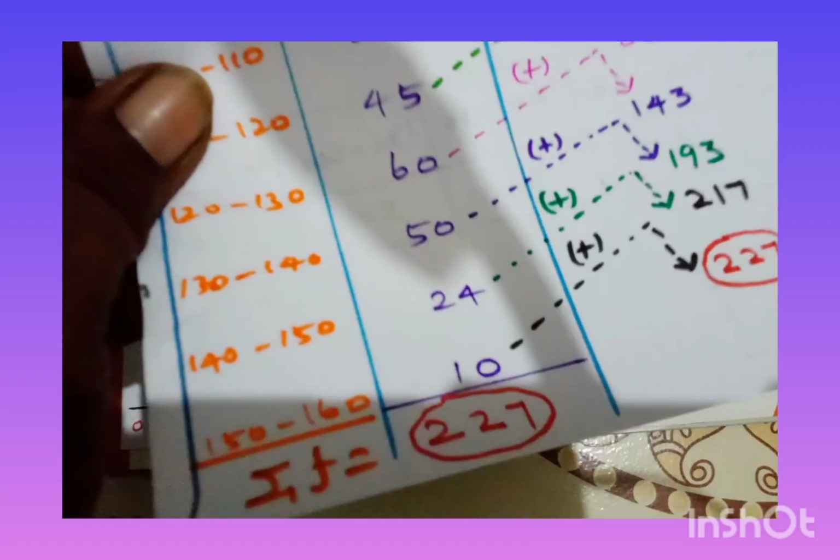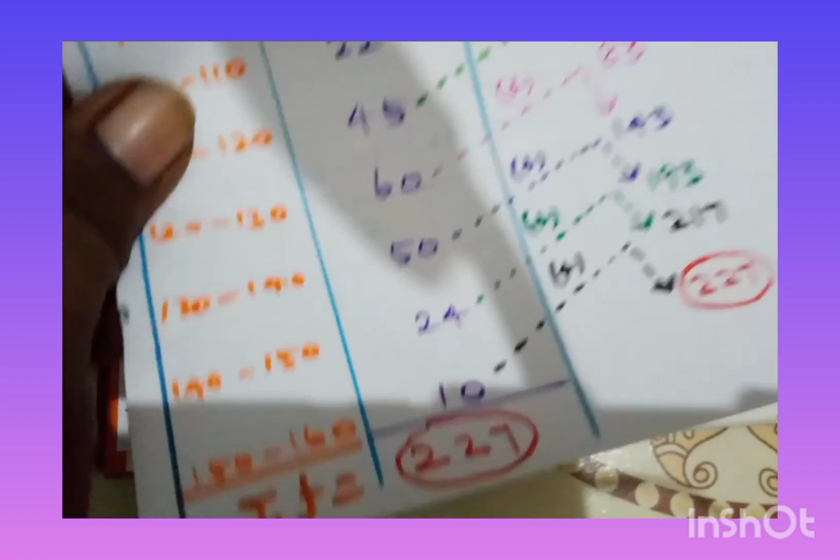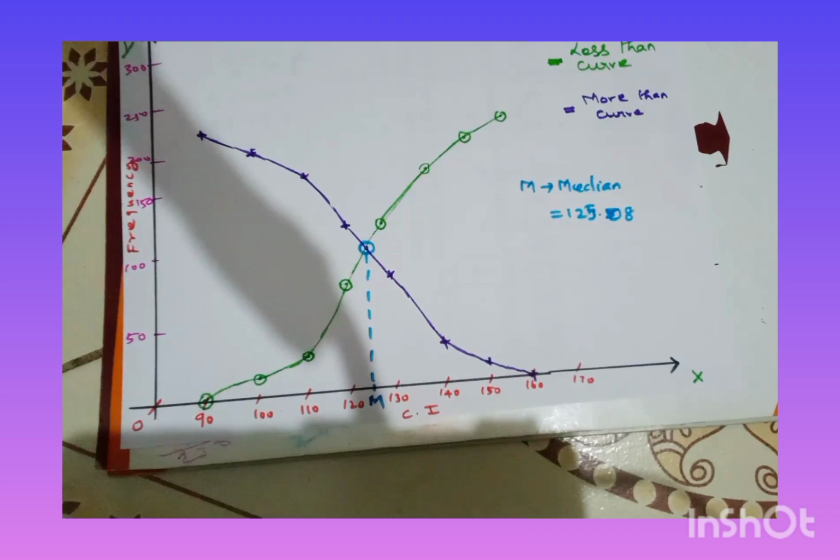And then the upper limit 160 lies on the x-axis, isn't it? So remember students, when you draw a less than curve as well as a more than curve, both curves should meet on the x-axis. Here the less than curve starts at 90. Similarly, the more than curve ends at 160, isn't it? The violet color represents the more than curve.